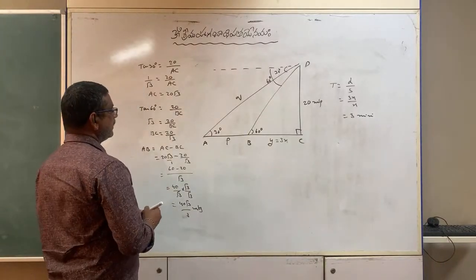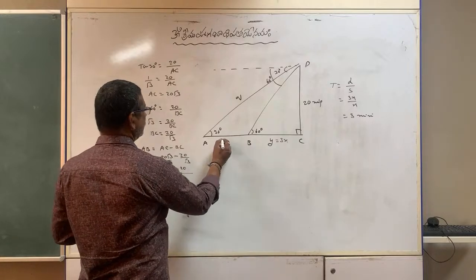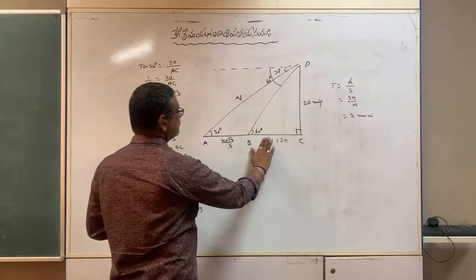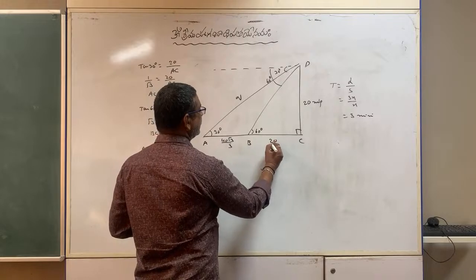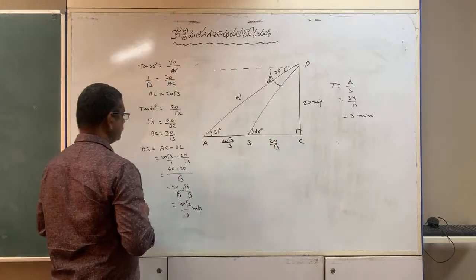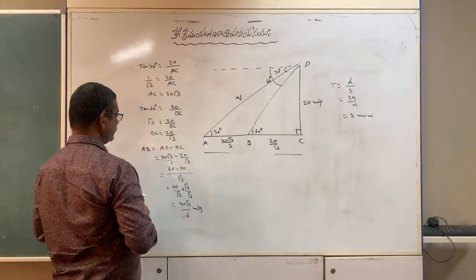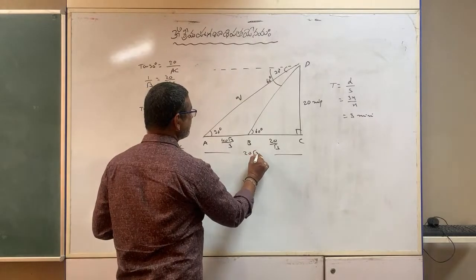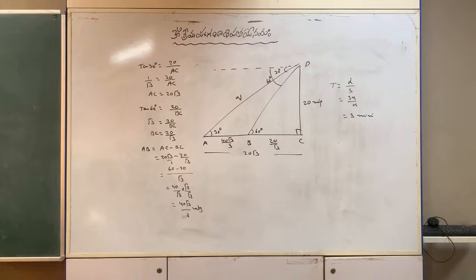Now this one I got 40 root 3 by 3, right? And BC, how much did I get? 20 by root 3. Now total AC, how much did I get? Total AC is 20 root 3.